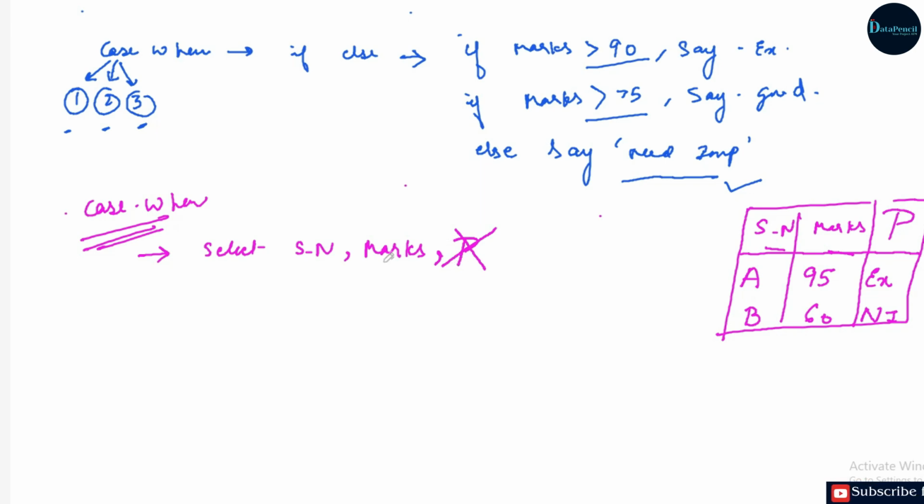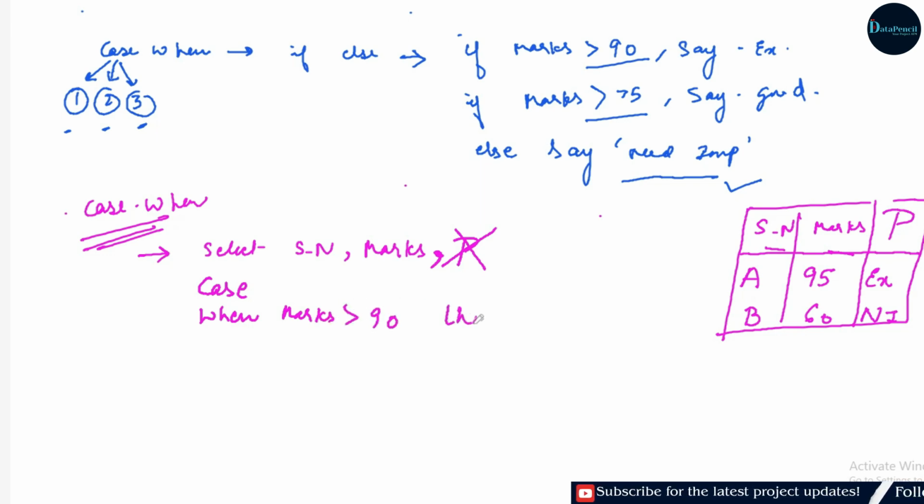How can we apply it? It's very simple. Just after putting the comma, we simply write case. After that, we put those different conditions. We write when marks are greater than 90, then term it as excellent.